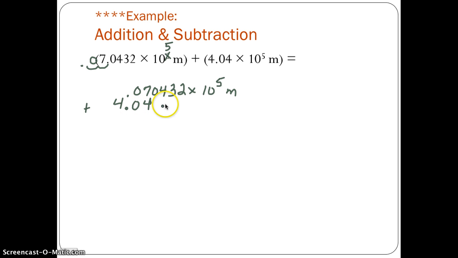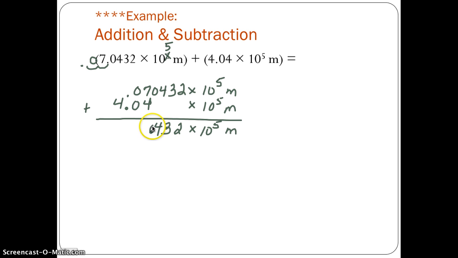Now, if my exponents are not the same, what ends up happening is I'm essentially not lining up my decimal, so I'm going to get a very weird answer. So my exponent is going to be times 10 to the 5th. I don't add those exponents. They are what they are, meters. So when I go ahead and add this, I'm going to get a 2, a 3, a 4, a 0, a 1, and a 4 with my decimal point right here.